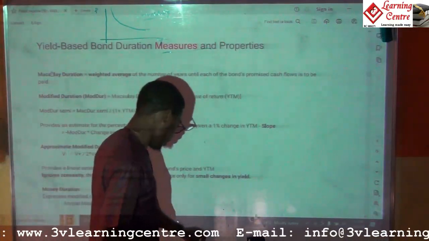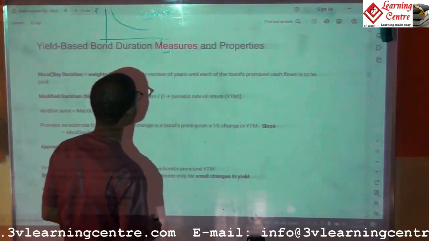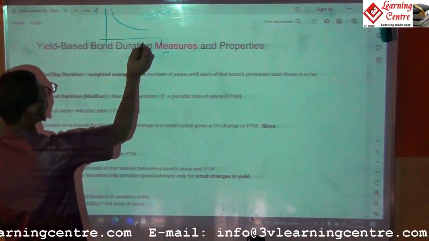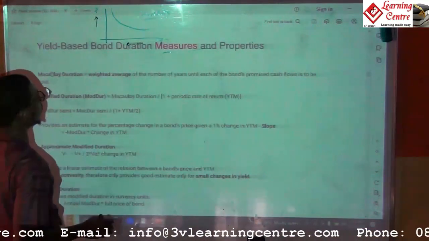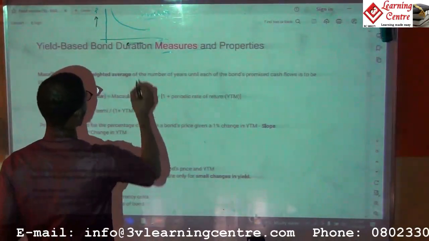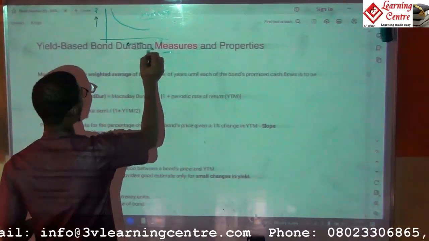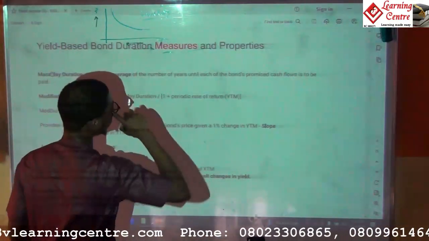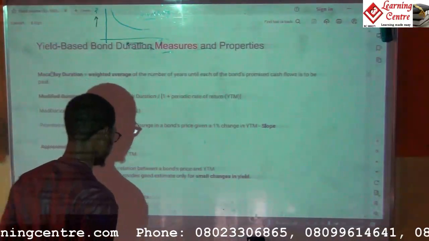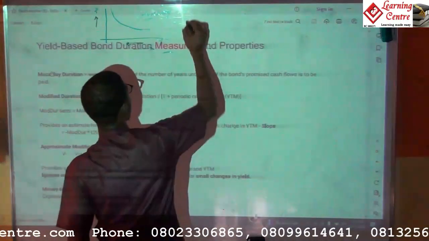When yield goes down, the price rises, but at an even faster pace. And when yield goes up, the price declines slowly.